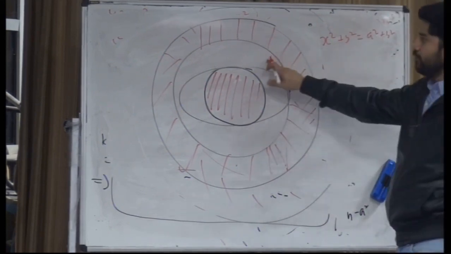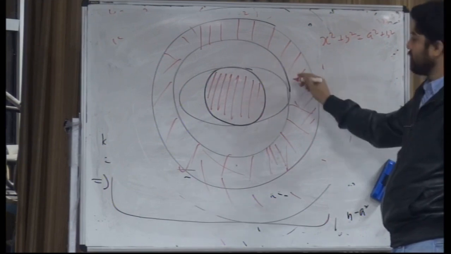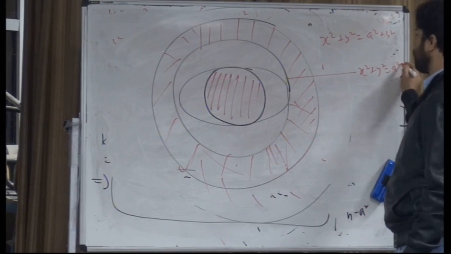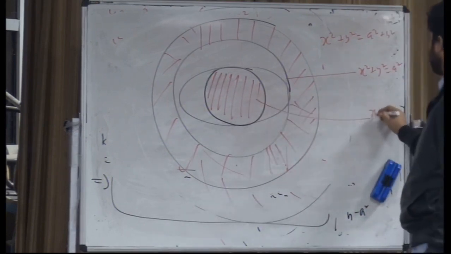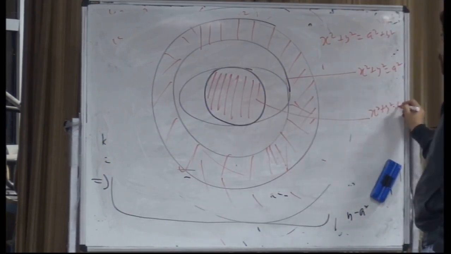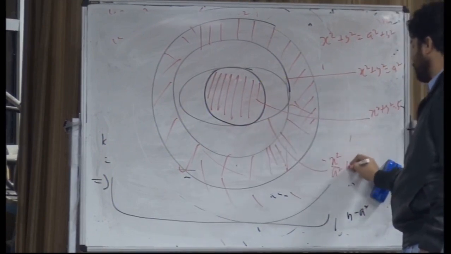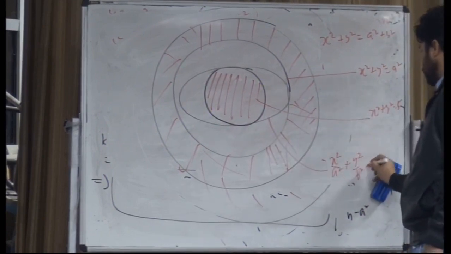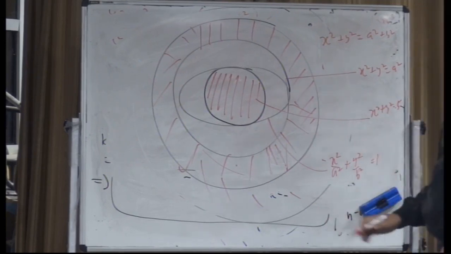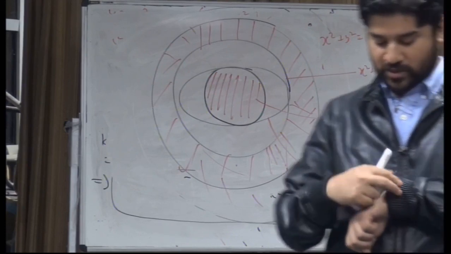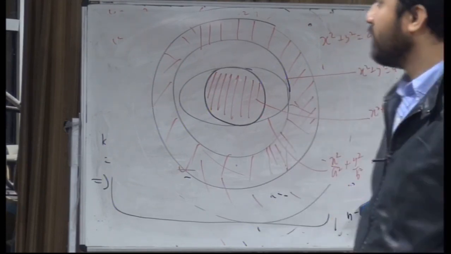And then this middle circle is the major auxiliary circle, and this one is the minor auxiliary circle. Okay. So this is the story of your ellipse. So in the next class we'll continue further. Okay.